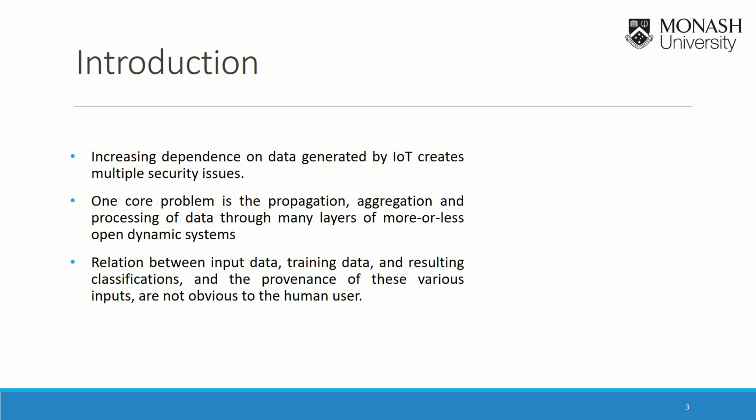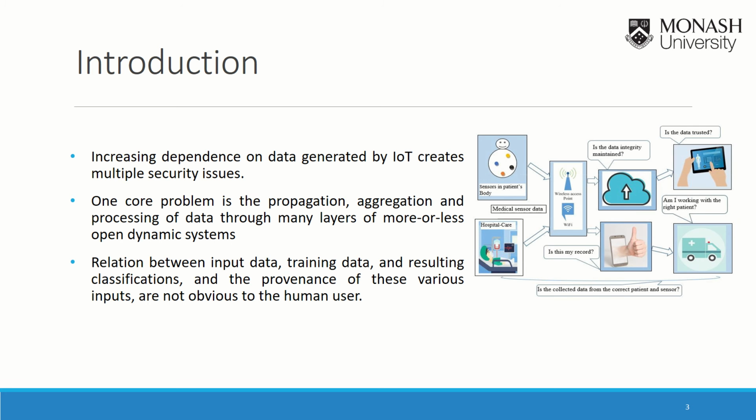This increasing dependence on data is generating different kinds of security issues. And among these, one core problem is the propagation, aggregation, and processing of data through many layers of more or less open dynamic systems.